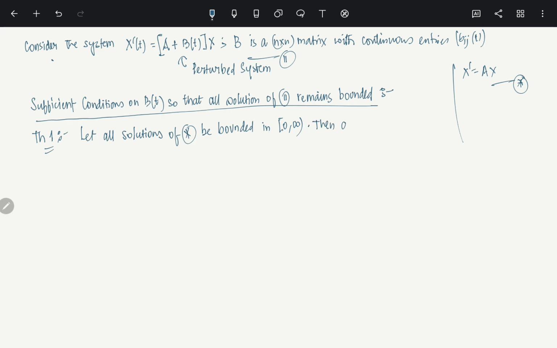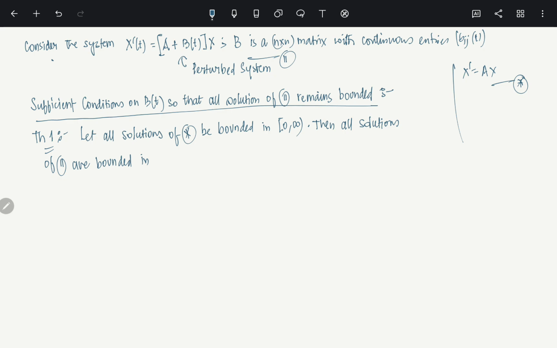Then all solutions of 2 are bounded in 0 to infinity.